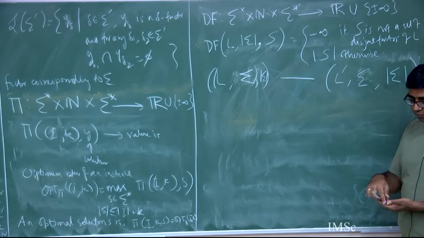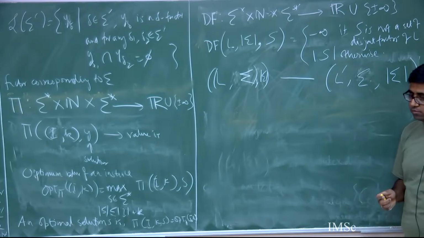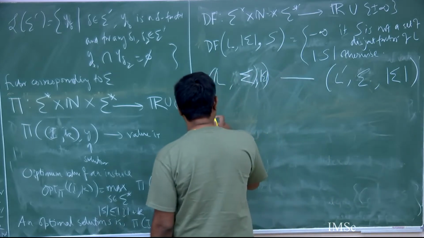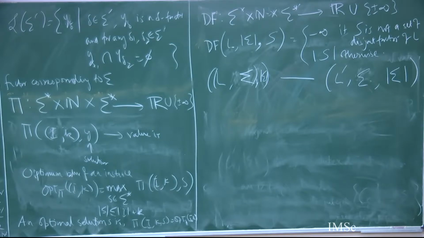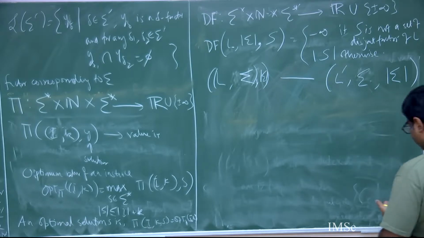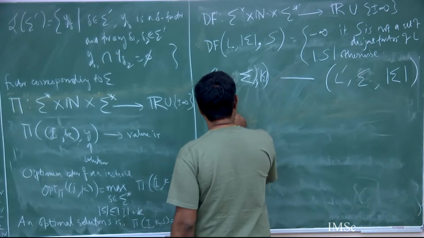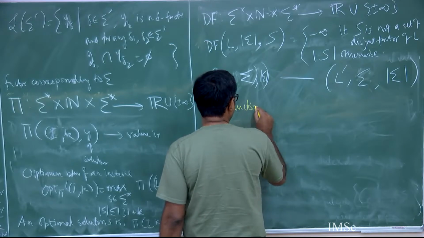Now what is the property we would like to have? We would like to have two algorithms. One is called the reduction algorithm.